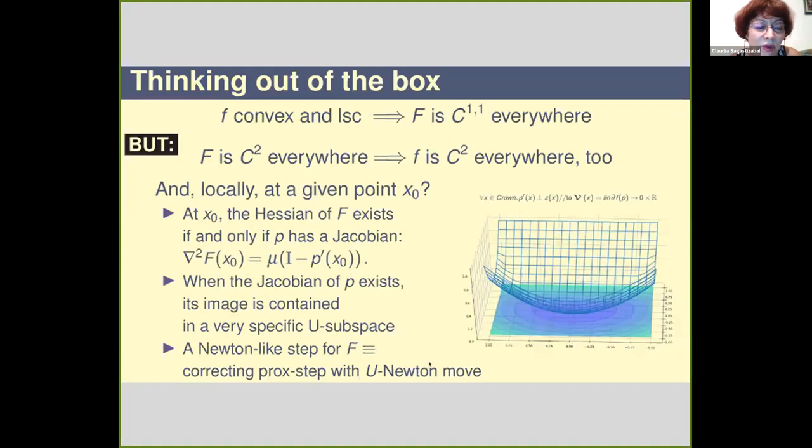We showed in a work with Bob Mifflin that making a proximal point plus a correction in this subspace amounts to making a Newton step for the Moreau envelope, which is what we wanted. So we have to work in a subspace.